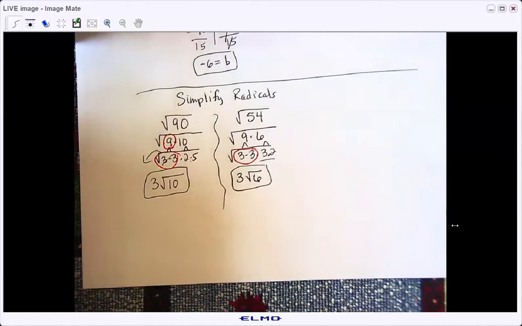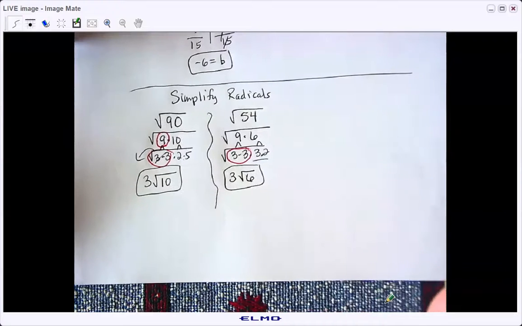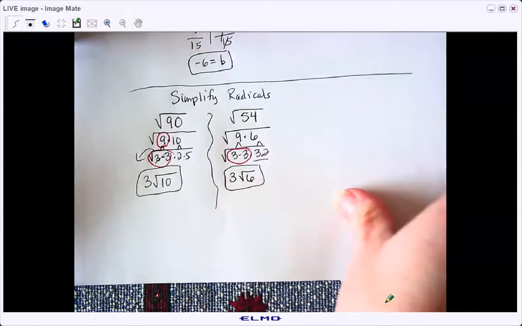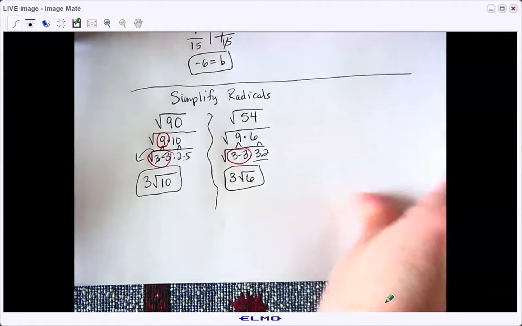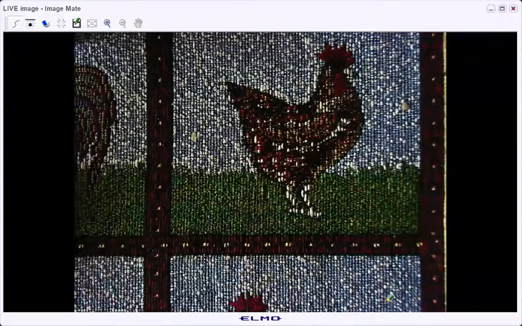Okay, so now we're going to switch gears a little bit, and instead of simplifying like that, we're going to divide. We're actually just going to rationalize. Anybody still writing? Okay. And that's it.